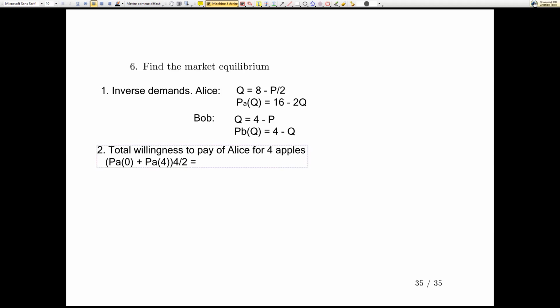So that would give 16 plus 16 minus 2 times 4.